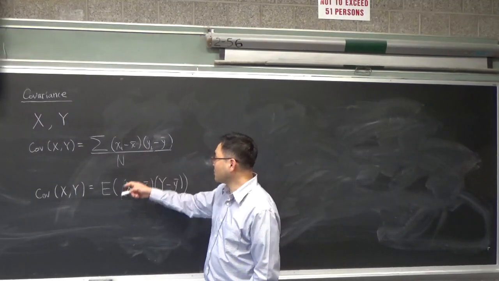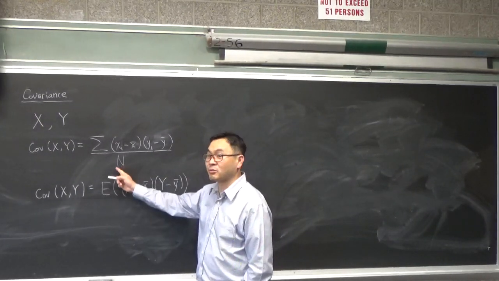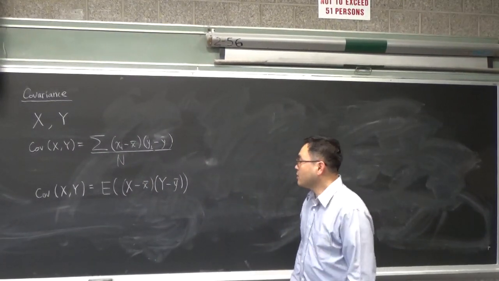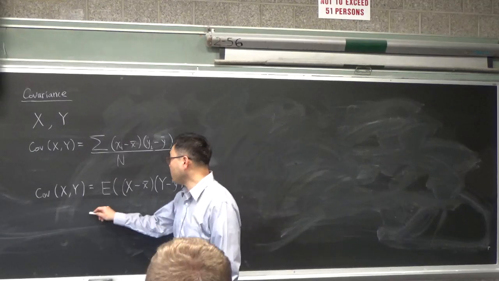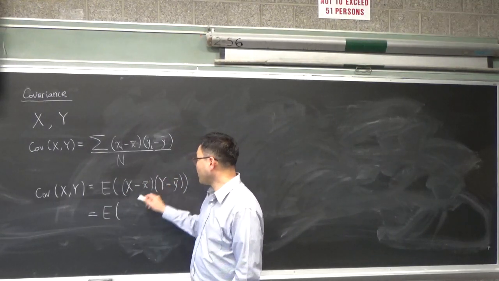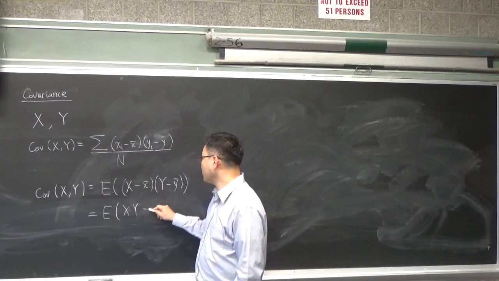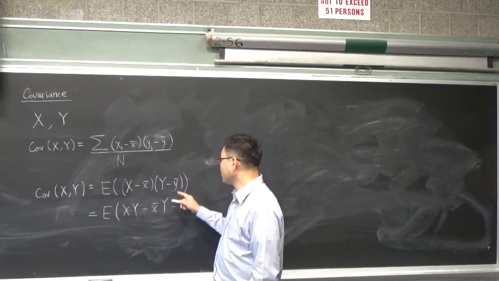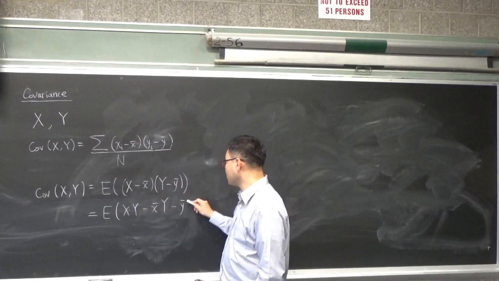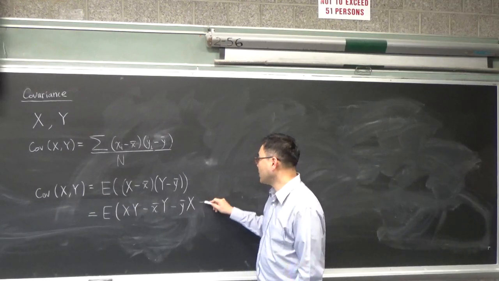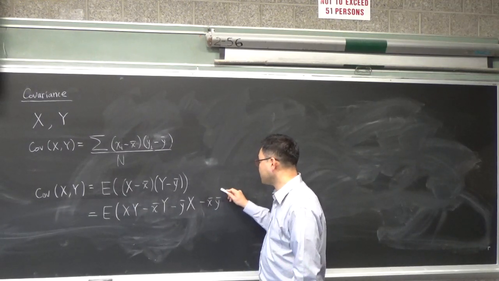And it agrees with this, because E, what does E mean? You're taking average, same thing, dividing by n. And if you were to expand this around, it will be what? E of x times y minus x bar times y minus y bar times x, and then minus x bar y bar.